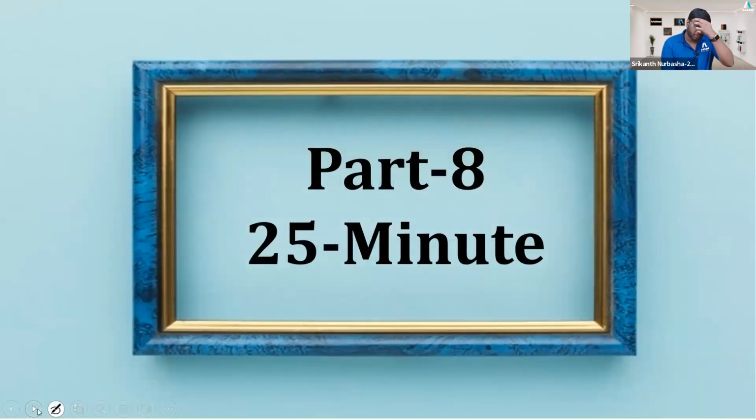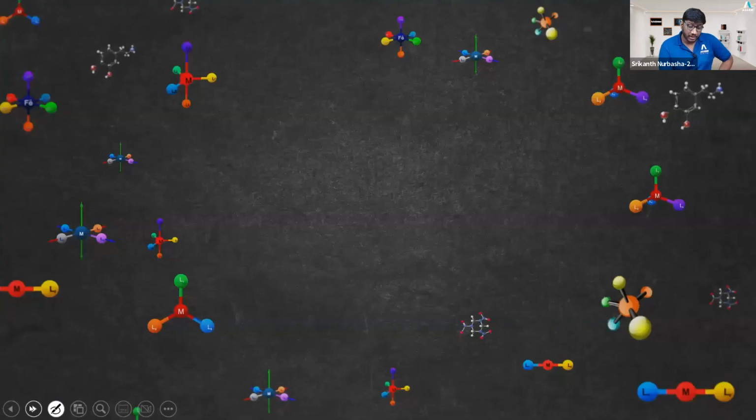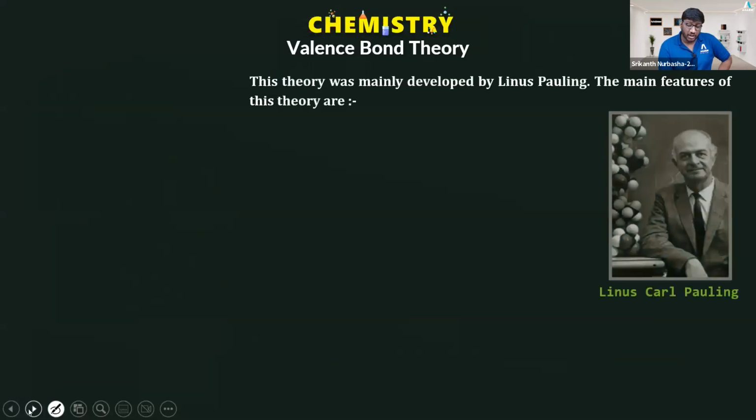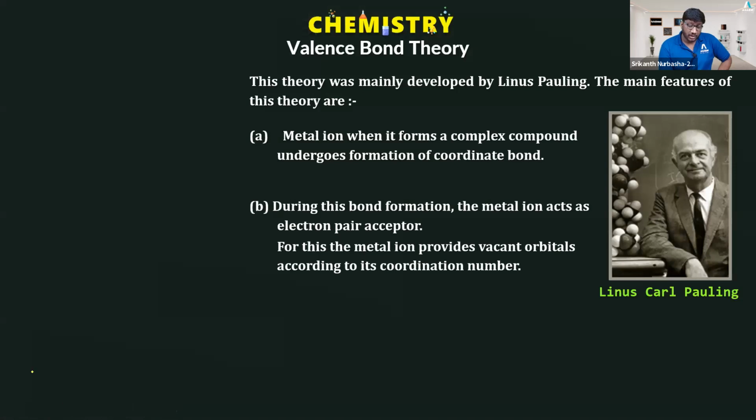Right, let us proceed to the next theory, students. Next theory is valence bond theory. This theory was mainly developed by Linus Pauling. The main features of this theory are: metal ion, when it forms a complex compound, undergoes formation of coordinate bond. This was the theory which I have been talking about earlier.